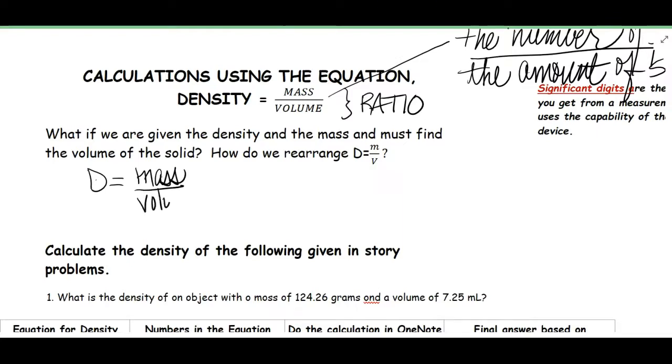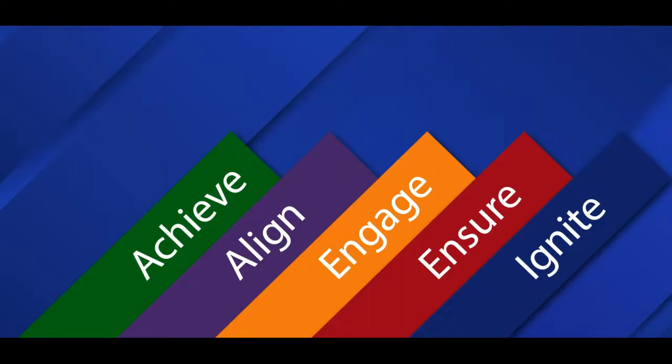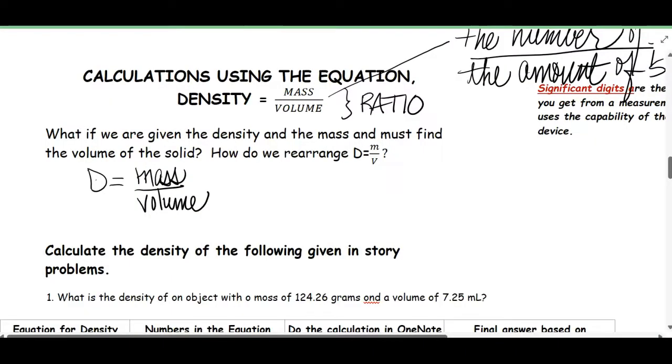If we cross multiply, we see that density times volume equals the mass.